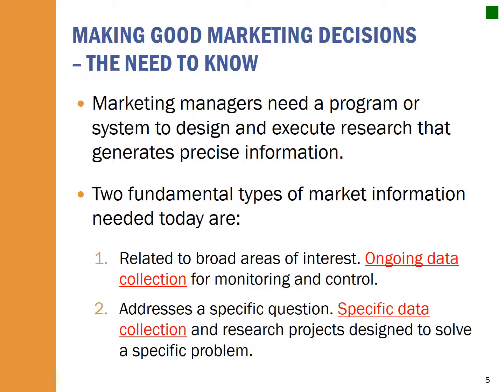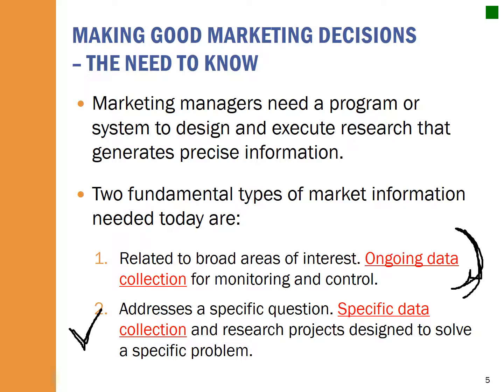So what we'll do here, and again, this is part one of understanding and managing information, is talk specifically about ongoing data collection and what that's all about. Part two of these videos will deal with specific data collection and that process. Make a note that this part two, this specific data collection process, is typically what you learn in marketing research class.